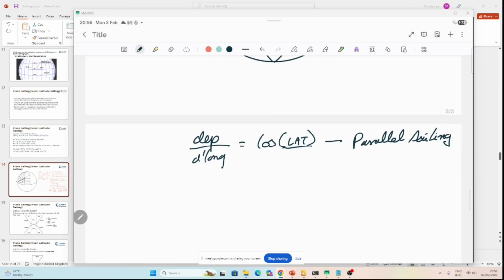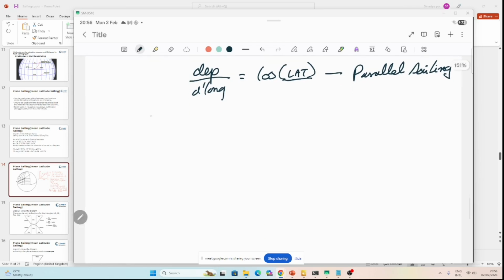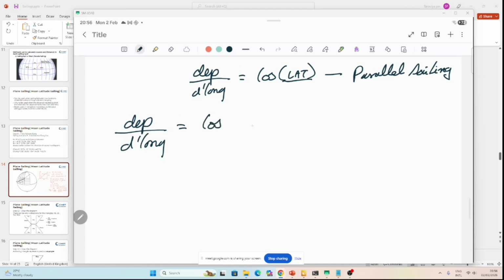So in plain sailing we are going to change the formula like this: departure divided by d long is equal to cos mean lat. Okay, this is the first formula in plain sailing.